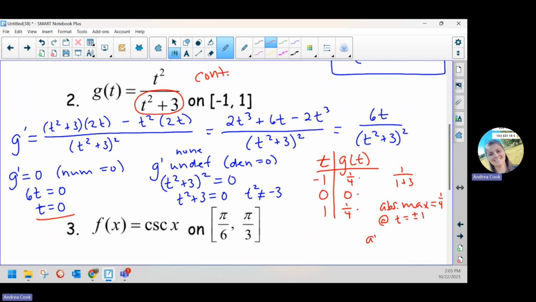And then my absolute min is 0, and that happens at t equals 0. And pay attention, if they want the ordered pairs, you would give them the ordered pairs. If they just ask for the maximum, that is the y value. And if they ask where it happens, that's the x value.